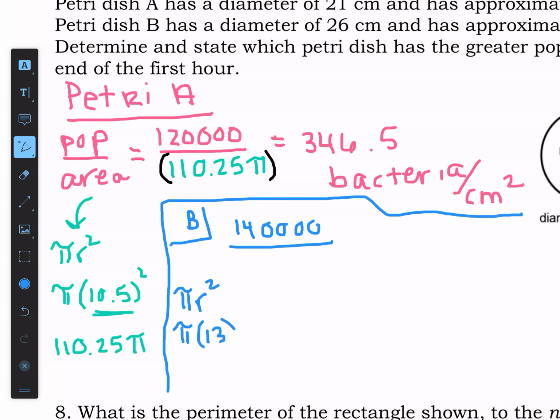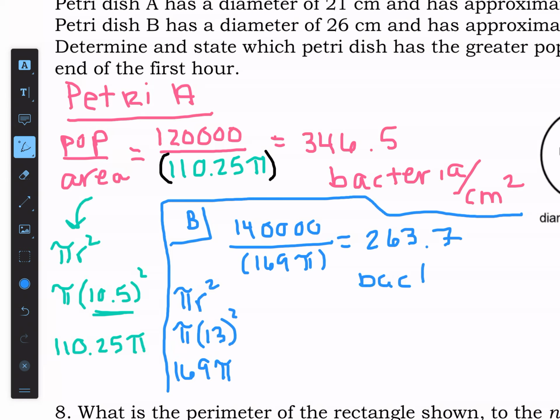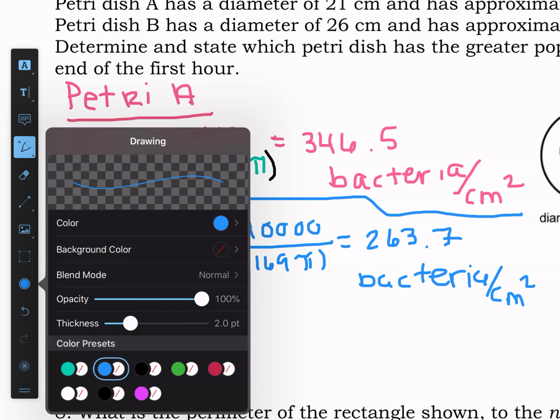So pi times 13 squared is 169 pi, which is going to go into our denominator here. And when you type that in your calculator, you'll get 263.7 bacteria per centimeter squared.